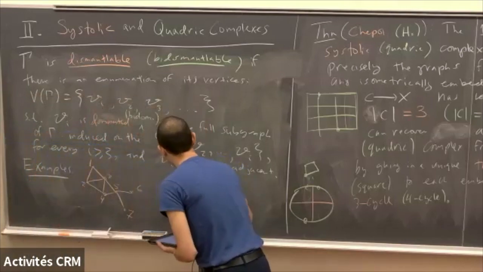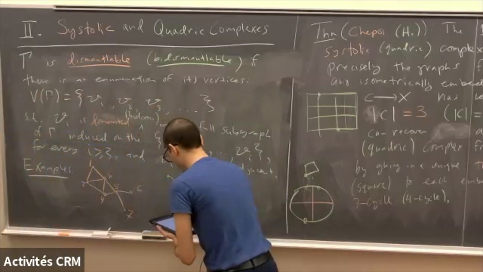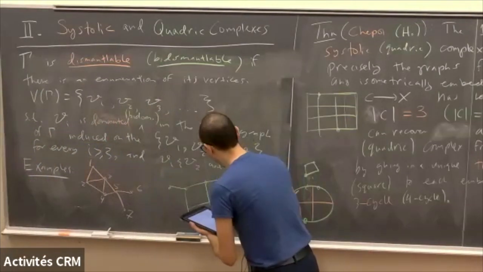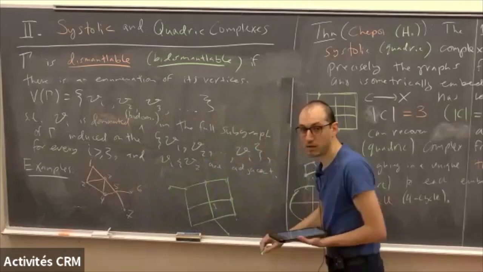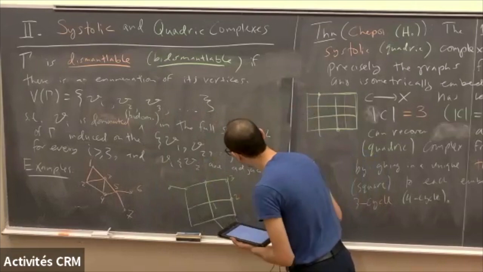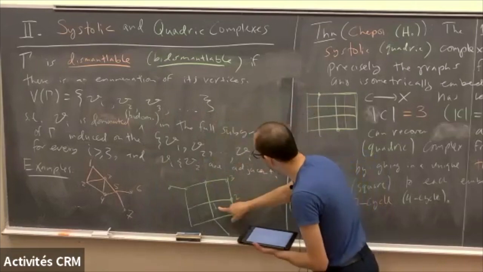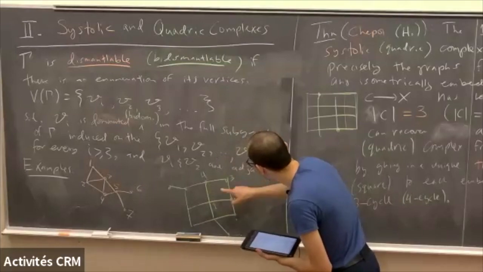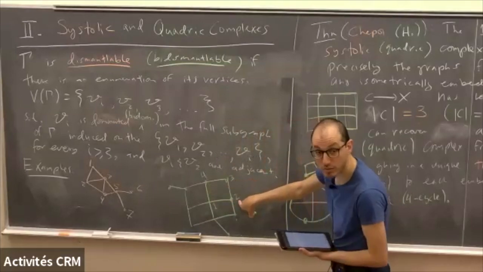Okay. And now an example of a bi-dismantling. It's a bit small, maybe. So we can start in the middle. 1, 2, 3. 3 is dominated by 1. 4 is dominated by 2.